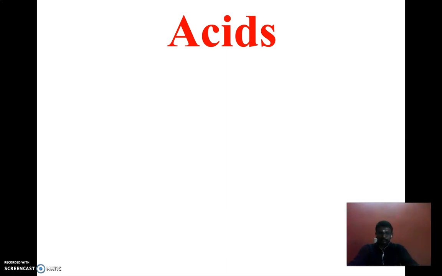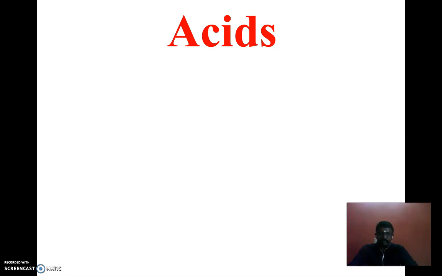Just assume, how do we identify an acid? What is the simple test? For example, in one beaker some acid is given to you and you have to identify whether it is an acid or not. It is a very simple test.